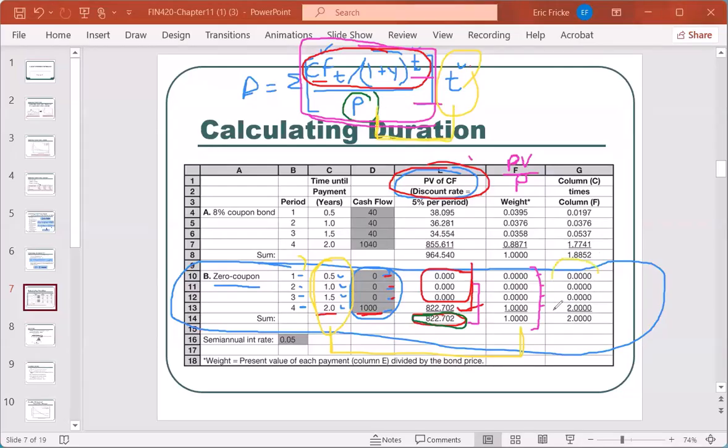Okay, and we end up getting this. These are all 0, and this was 2 years to the final cash flow times 1, the weighting factor, equals 2. You sum them all up, and you get a duration equal to 2 years. So when we calculate duration, we get a measure in time, which is years.